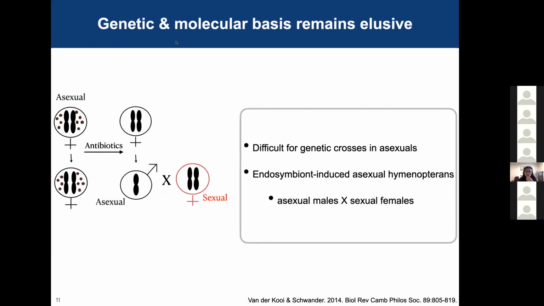However, we could solve this by working on endosymbiont-induced asexual Hymenoptera. We can use antibiotics to cure the bacteria and partially restore sexual reproduction. Asexual females would then produce males, and because those males are largely functional, you can cross them to sexual female backgrounds and cross for more generations.